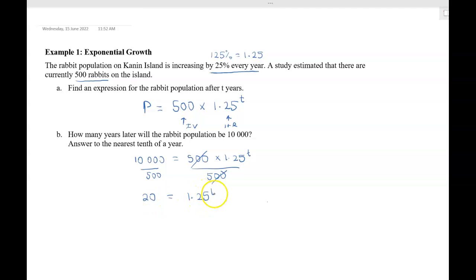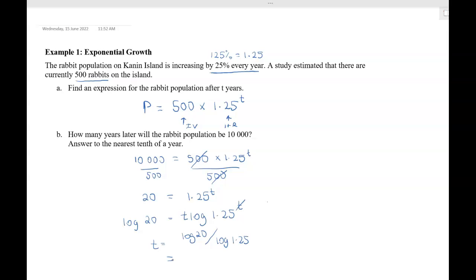And again, we could keep doing trial and error till we get a number bigger than 20 or around 20. But what we're going to do is we're going to take the log of both sides. We're going to bring down the t in one step, and to get t, we're going to go log 20 divided by log 1.25, and we're going to do that to the nearest tenth of the year, which will mean 1 decimal place.